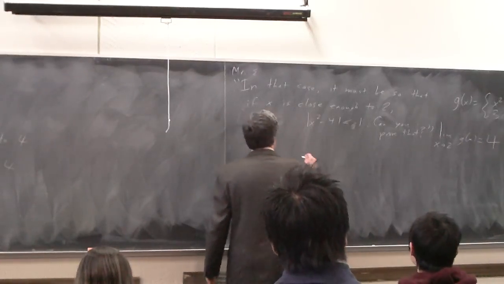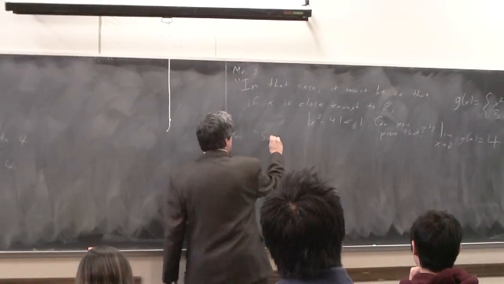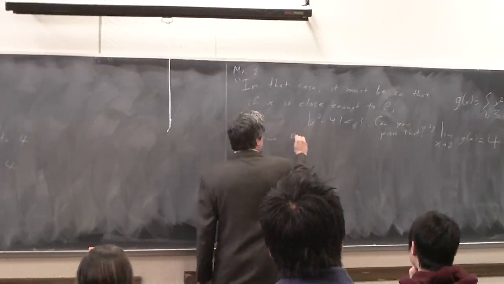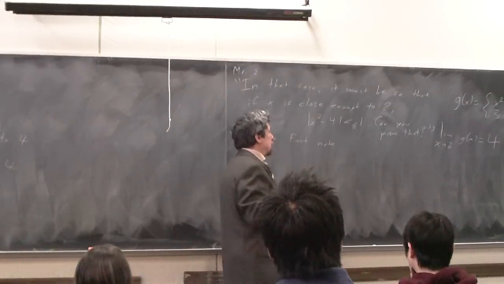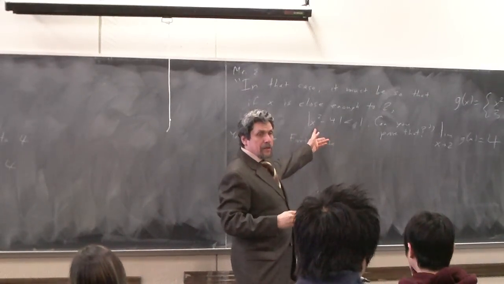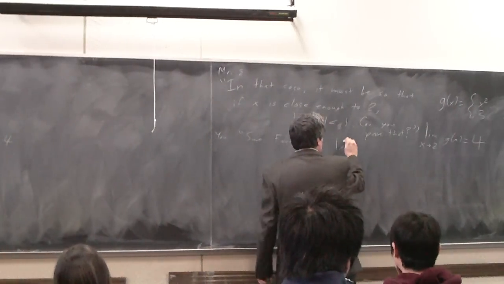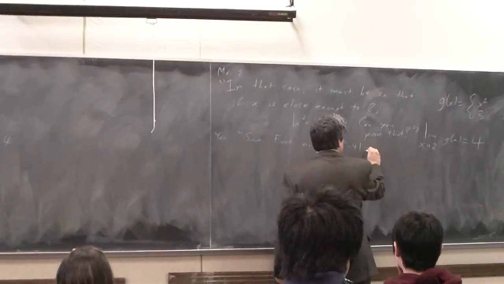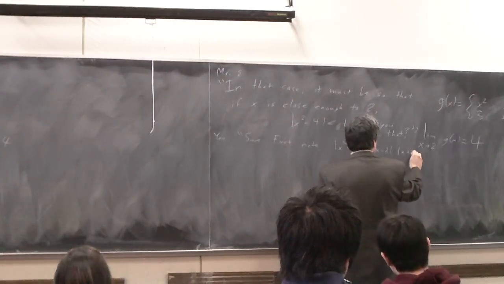First of all, so what do you have to do? Factor x squared minus 4. We factor out x squared minus 4, and that's x minus 2 times x plus 2.